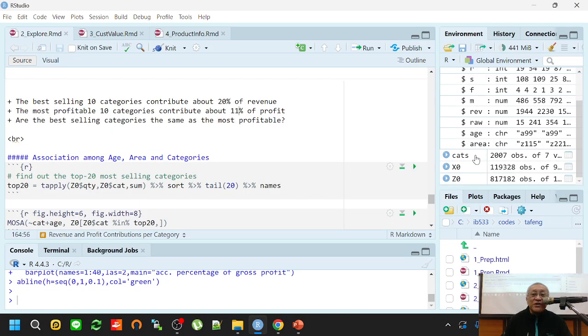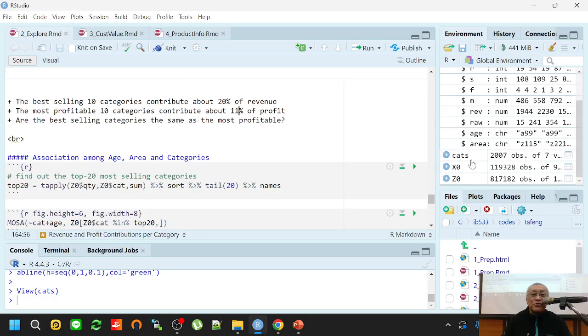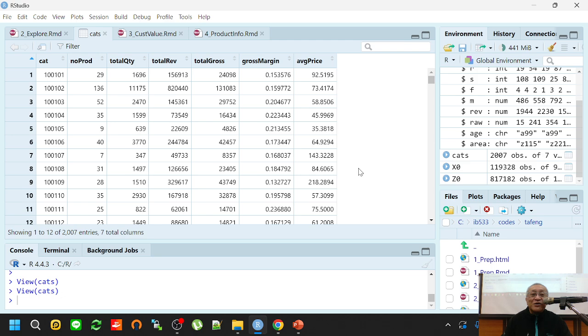If we want to see the top 10 or top 20 products, it's actually quite easy if you use this RStudio. You do this, and then you can see this category summary.